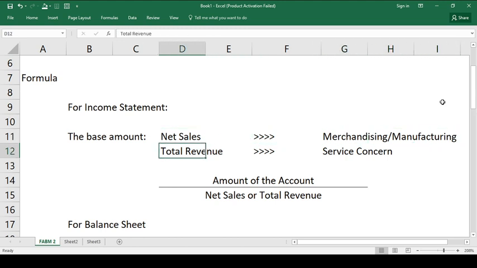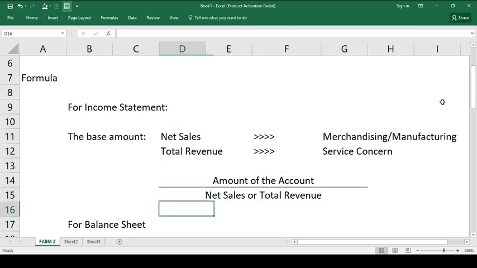Pero kung service concern po ang gagawan ng vertical analysis, let's focus on the total revenue. Kasi yun naman po ang basis. Wala naman po dun mga tinatawag na sales discounts at sales returns. So, pag service concern, our base amount will be the total revenue. Pero pag merchandising or manufacturing, our base amount will be the net sales.